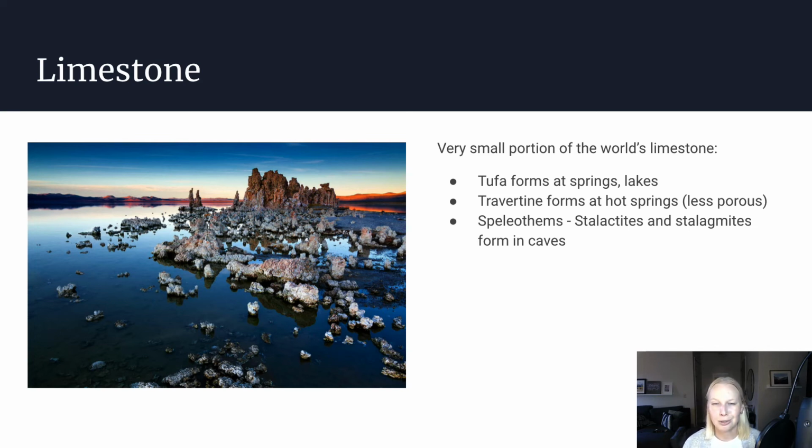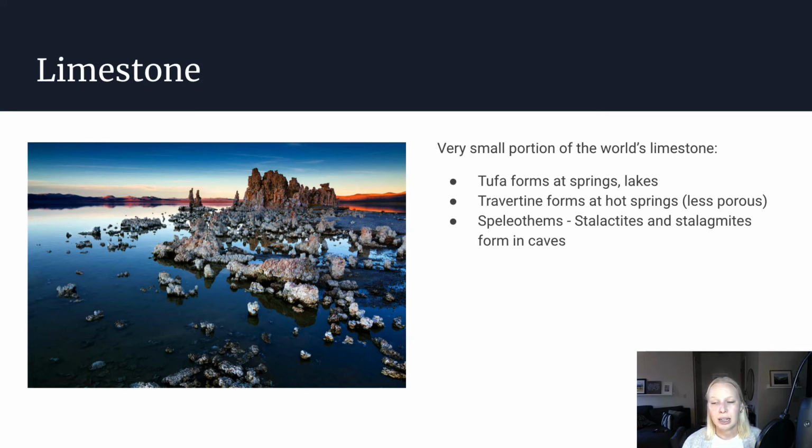But Mono Lake is a really neat place because we have evaporation going on, and that evaporation is causing the precipitation of limestone to form these towers. And what's really happening here is when you have the water evaporating away, that limestone can't be in solution anymore, so it has to precipitate out.